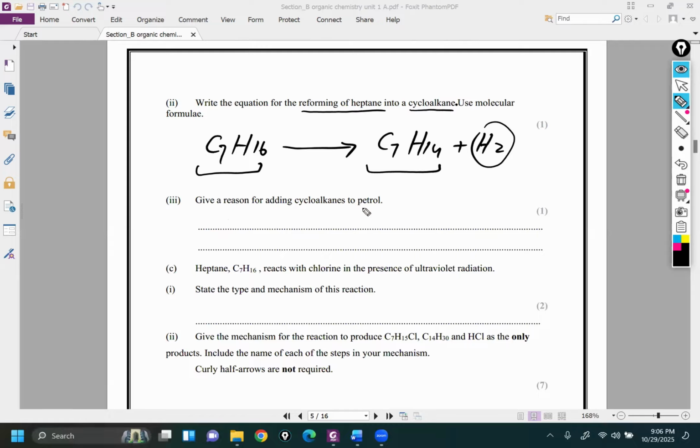Now, give a reason for adding cycloalkane to petrol. This is the same question as the first one, but the other way around, where they asked why we don't take a high proportion of heptane in petrol. Now they are adding cycloalkane to petrol. So the best option is petrol having the cyclo compound. Cycloalkanes or branched chain alkanes will always burn efficiently.